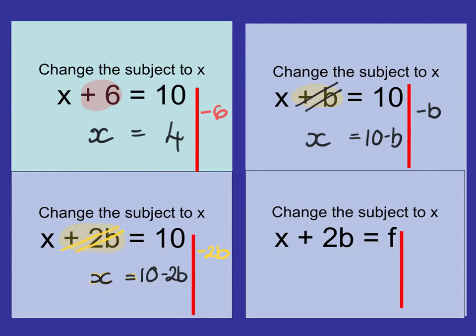Next one along, again, similar idea. We've got x plus something, and the opposite of adding something is to take it away. Once I've taken it away, I have x, and on the other side, we have f take away 2b.